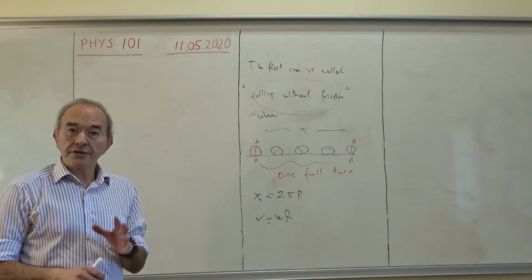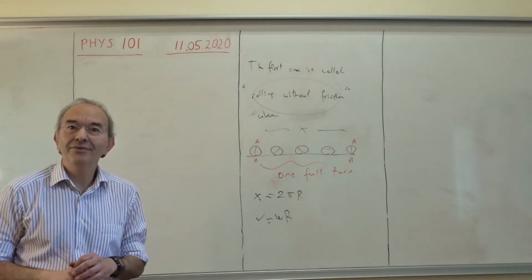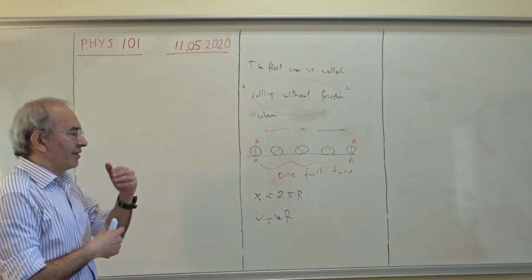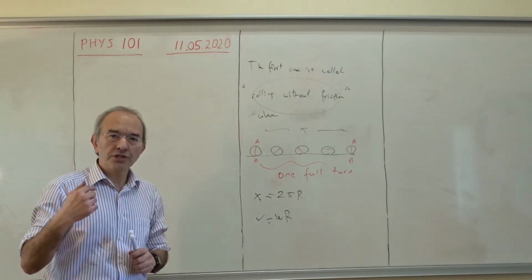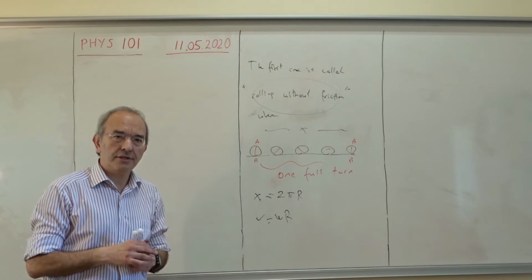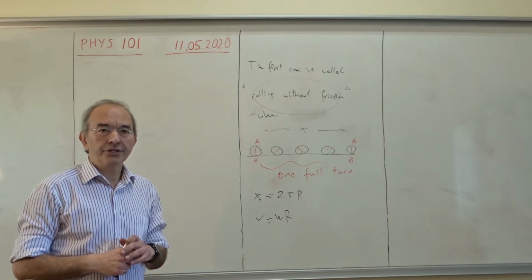Now let's have another example, which is familiar to us. It is a kind of conservation of energy principle, but this time the object has a second kind of energy.